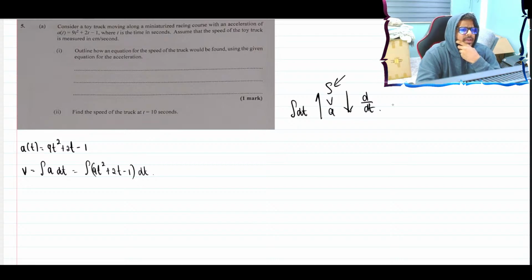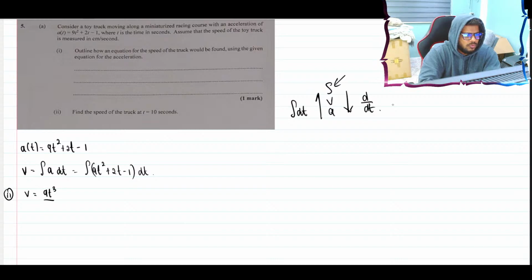Given that they didn't give conditions for the velocity, we can make the assumption that when t is equal to 0, v is equal to 0. So I can say that our v is equal to 9t cubed over 3 plus 2t squared over 2 minus t plus c, where c is a constant.